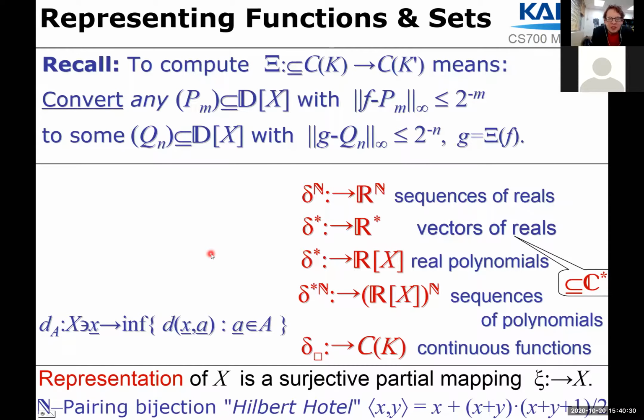And since this is a continuous function, we already have a representation for this. This is a special kind of continuous function, and we have a representation for the general class of continuous functions. So by restricting this representation, which I call delta blank, to honor Akitoshi Kawamura's PhD thesis, by restricting it, it's a codomain actually, we arrive at a representation for the space of compact subsets of X, right?